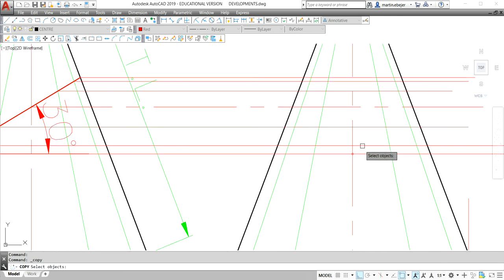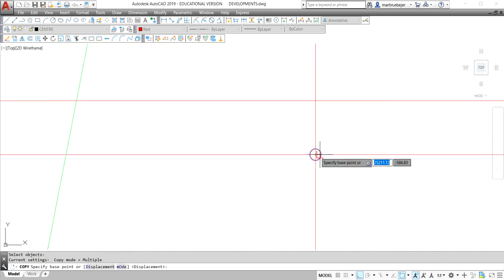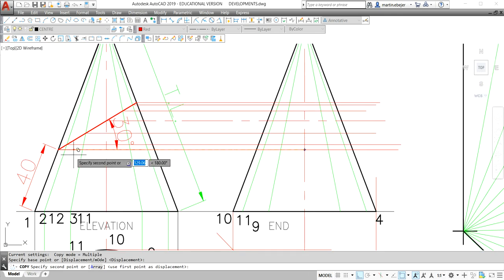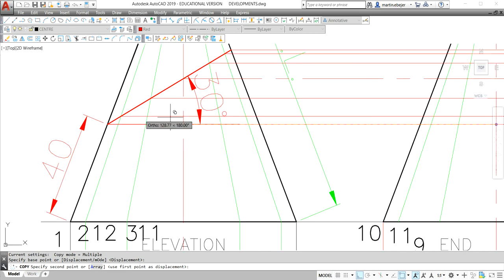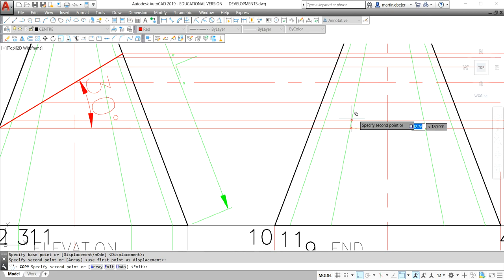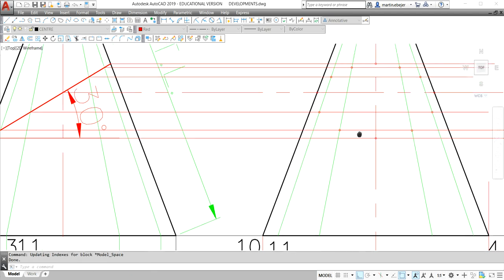If you keep following the numbers, you are gonna notice that 2 and 12, which is this point over here, and 2 and 12 are over here. If you keep following and using the numbers accordingly, you're gonna end up having all these points in this particular manner. Okay?